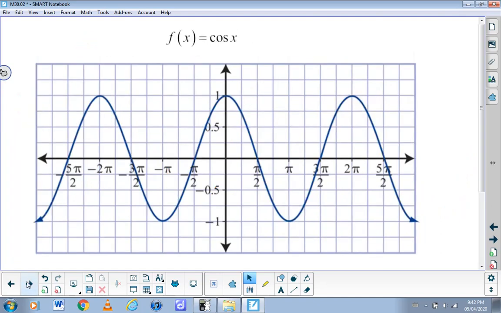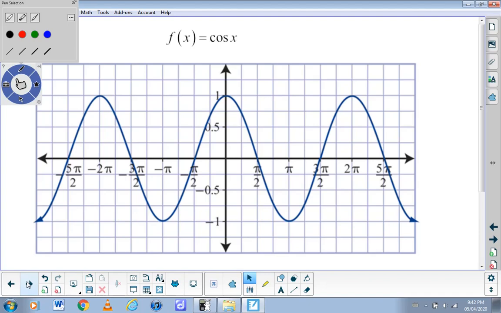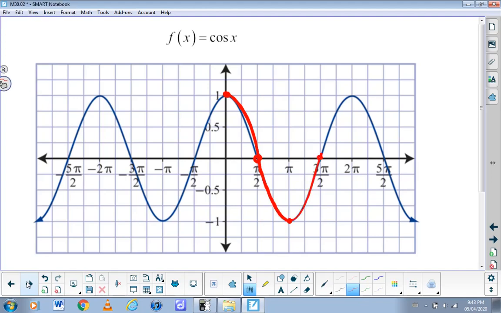If you were to take a look at cosine of x, it is also periodic, but it's slightly off from sine of x. And I'll talk about that in more detail in a second. But if we start when x is 0, there is a down, a further down, a further up, and then finally the last up. So there's still 4 pieces.